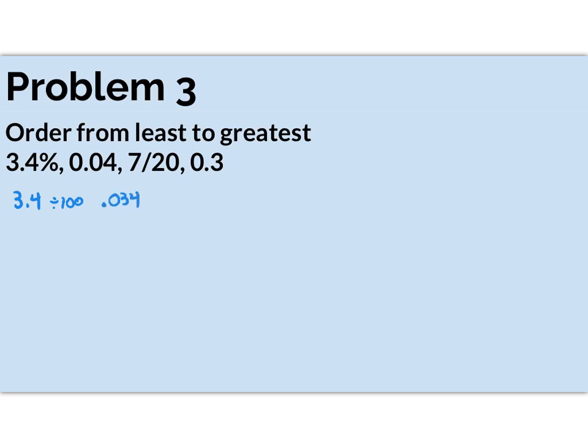All right, so we're going to be moving everything to the thousandths decimal place. 0.04, put another 0 at the end. You got 0.040, 0.3, 0.300. Okay, so now all we got to do is take care of 7 over 20.